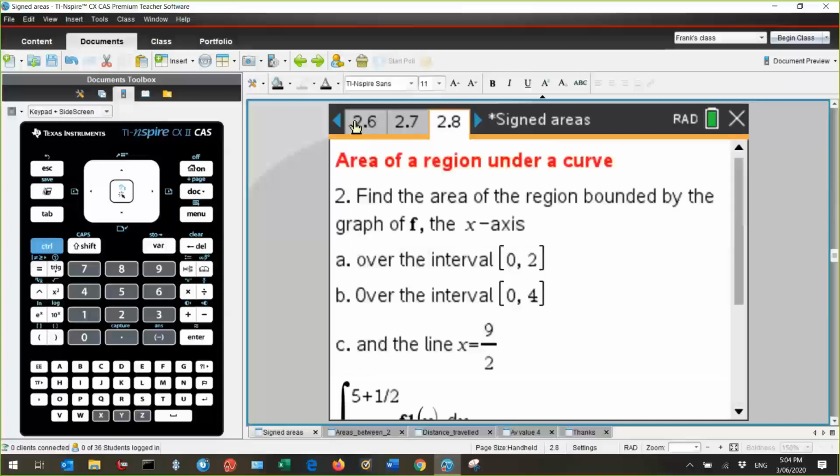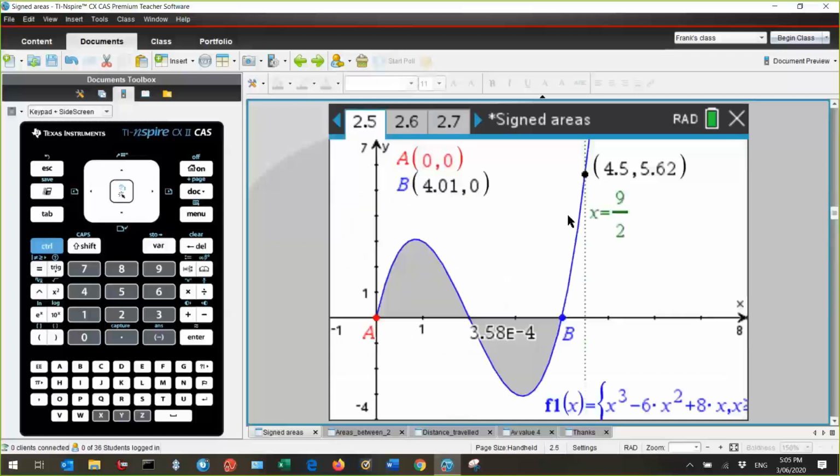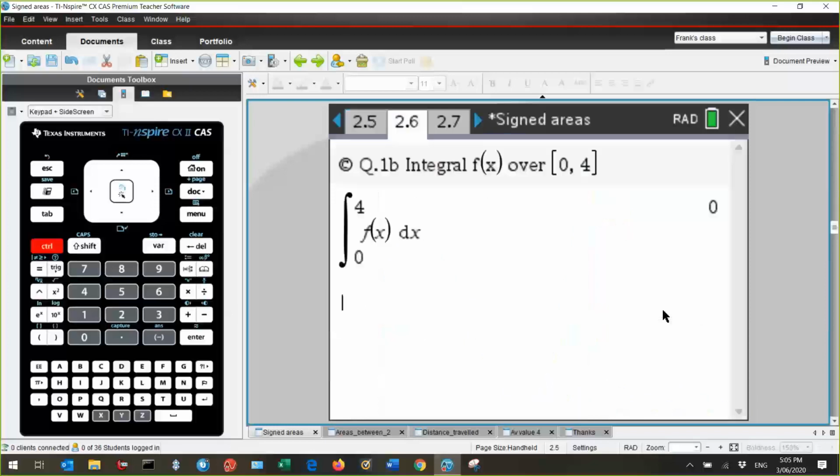If I go back to the graph here, I can get the value either numerically or algebraically. In the graphs page, you can only get a numerical approximation. So that's the idea of signed areas.